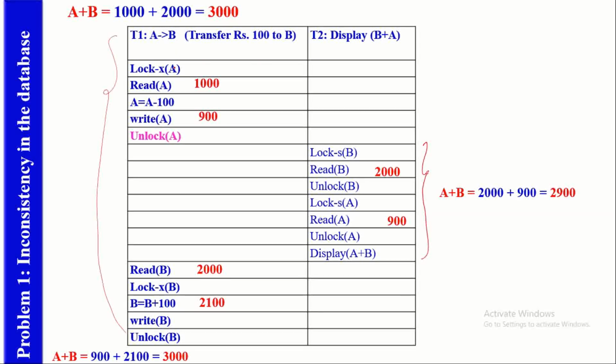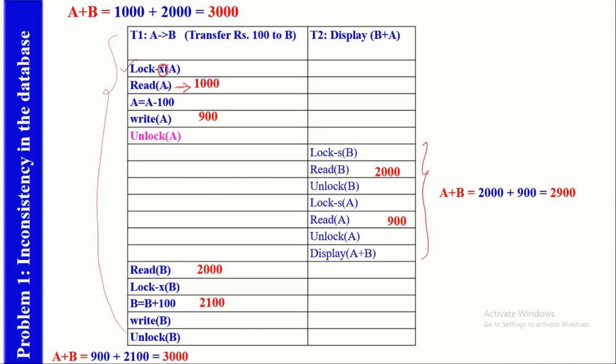We can notice here the transaction is performing the read operation on A. Before performing this, it sends a request for acquiring a lock in exclusive mode.